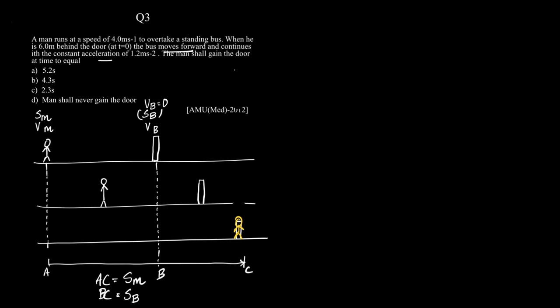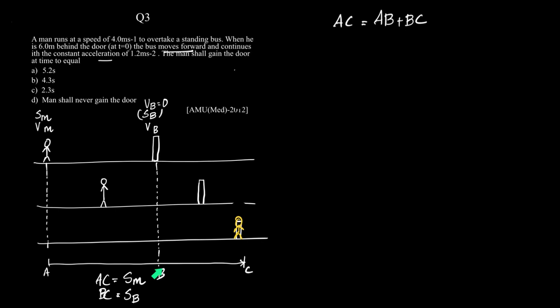Alright. Now let's see. AC, we should understand from the figure, is nothing but AB plus BC, right? Now, what is AB?